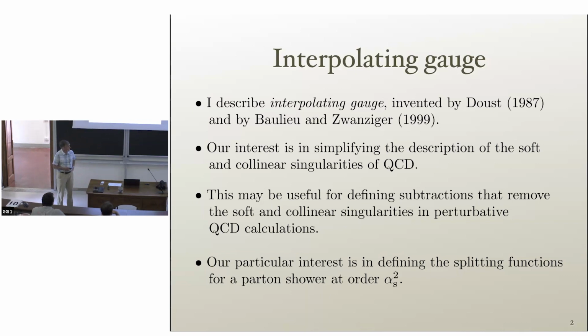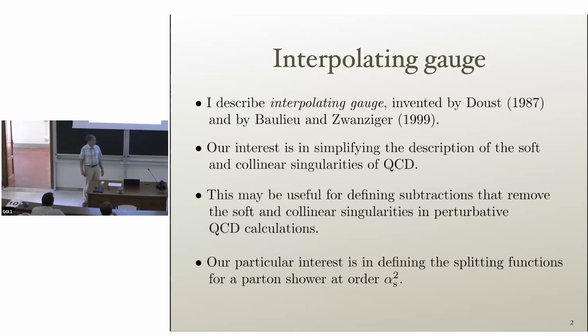This gauge might be useful for defining subtractions, for instance, in higher order calculations, where you have to remove the singularities from your calculation. So a lot of people here might be interested in it for that reason, and that's why I suggested it would be good to give a talk about it.